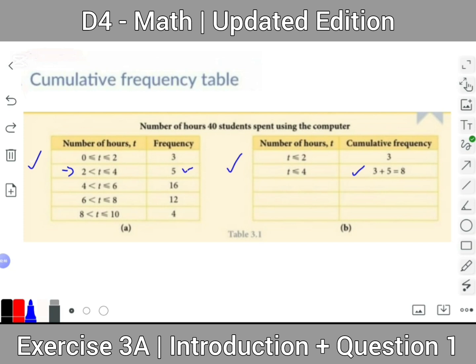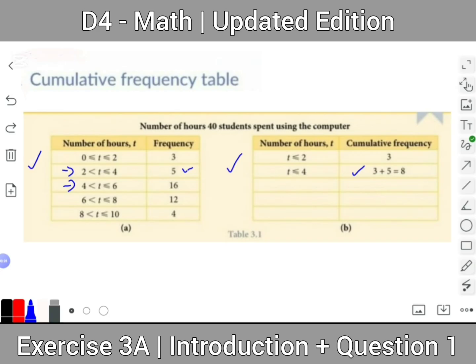Now if we move on to the third entry, we want to include this interval from 4 to 6, but also both of the previous two intervals. So if we are going to get all of those students, the hours must now go from 0 to 6. And then we need to add together all of the previous frequencies as well. So we need 3 plus 5 plus 16.